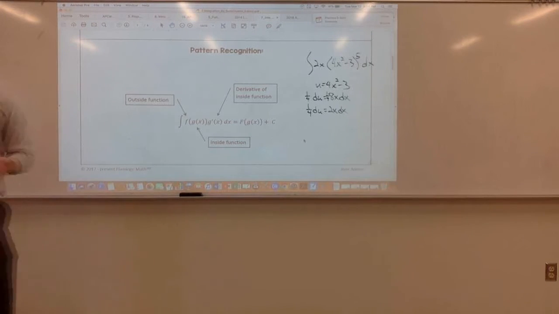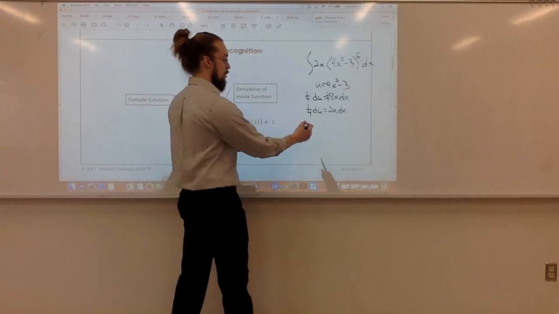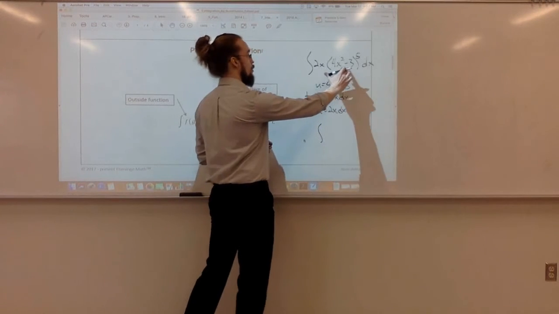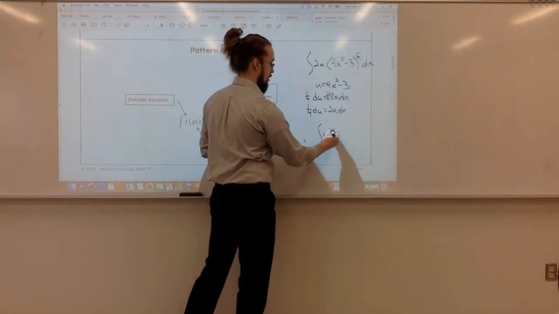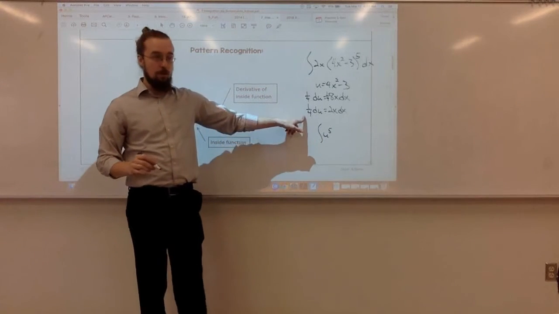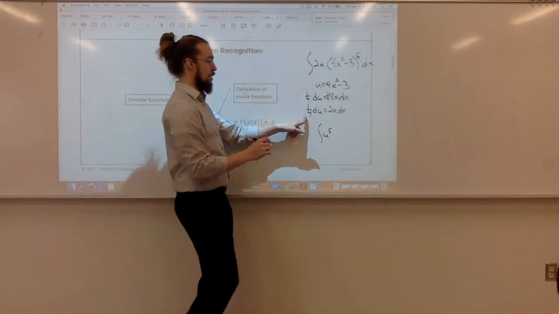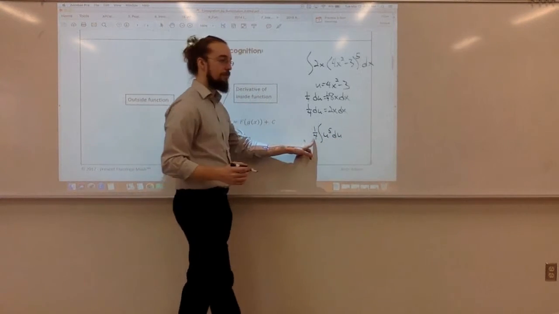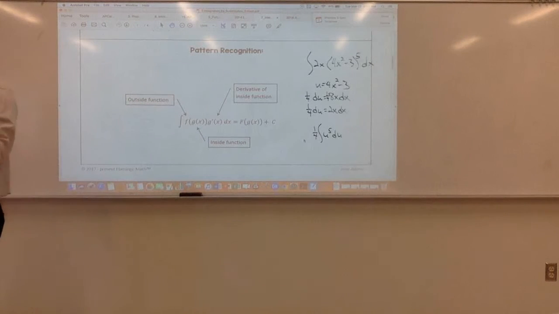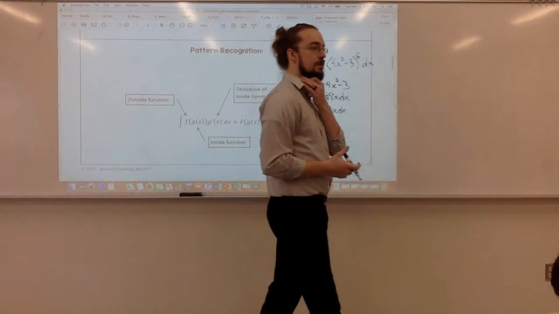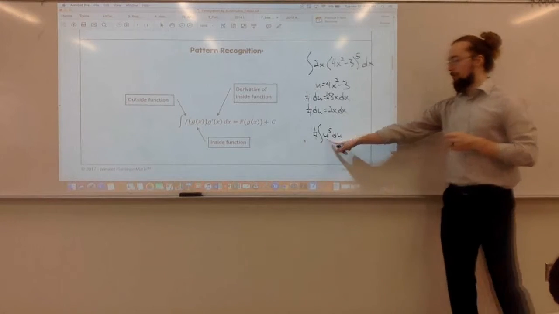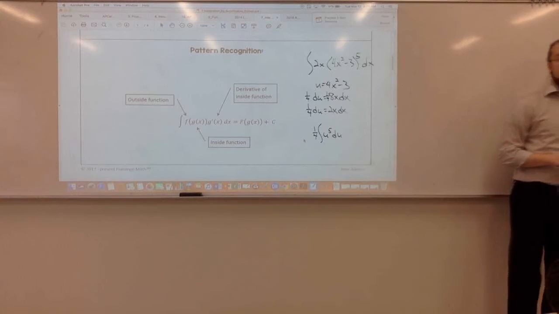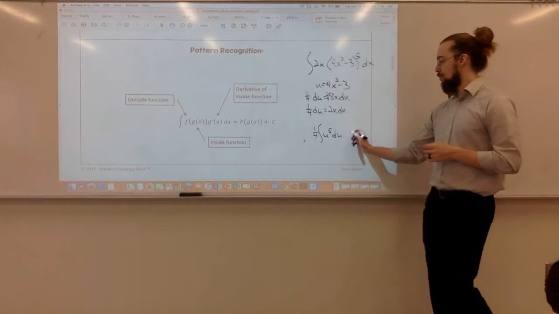And now I can do my u substitution. So now I can say that I'll have u to the 5th power times 1/4 du. So I can pull that 1/4 out front. Whenever we have a constant, I can just pull it out front. And now we want to integrate. So what's the antiderivative of u to the 5th? 1/6 u to the 6th.